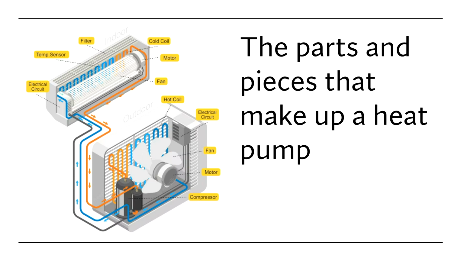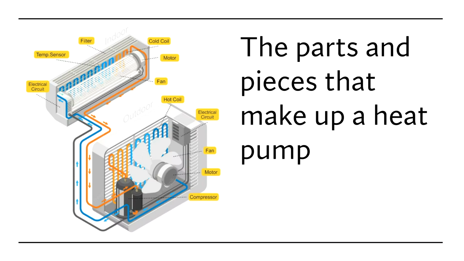So there usually are black jacketed wires that go from the indoor unit to the outdoor unit. I'll talk a little bit more about those in the line sets in a minute. We have a temperature sensor up on the head of the coil in the indoor unit.